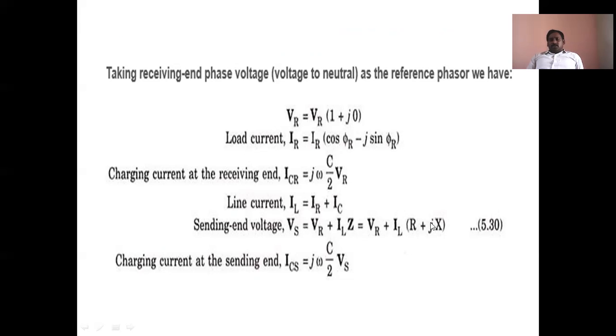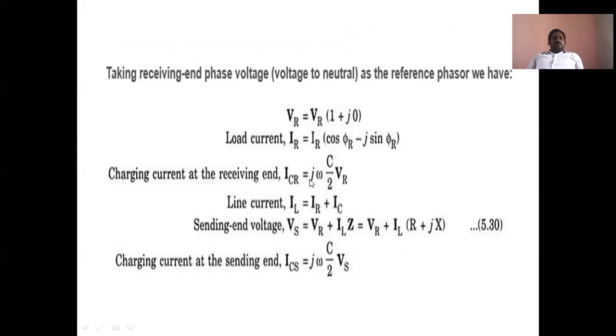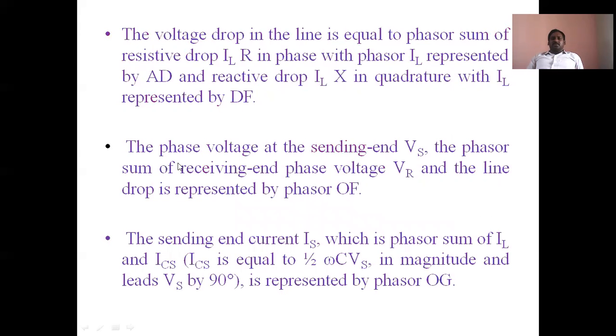Simple. Z means R plus jX. The charging current at the sending end side ICS is j omega C by 2 into Vs. So finally, by using these formulas, the phase voltage at the sending end Vs is the phasor sum of the receiving end voltage VR and the line drop, represented by phasor OM in the phasor diagram.